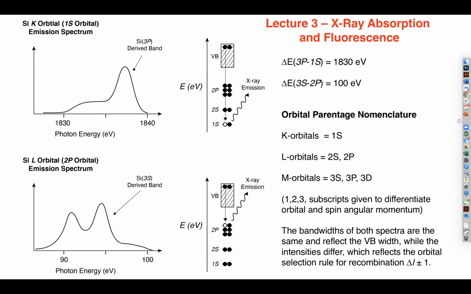We also talked about X-ray emission as a probe of the band structure and the types of orbitals in the band. So there are two X-ray fluorescence spectra shown on the left. Those were generated by creating hole states in the 1s core orbital in one case, and in the 2p core orbitals in the other case.